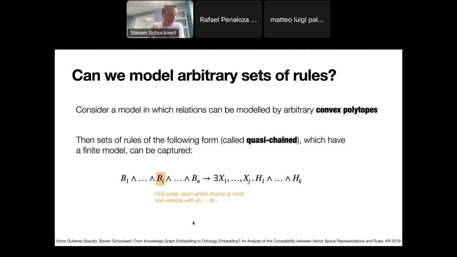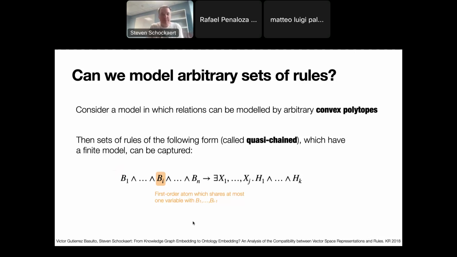Basically, what it means is that every atom in this conjunction in the body shares at most one variable with the atoms that come before it. In the special case where the relations are binary, that would cover basically standard composition rules.